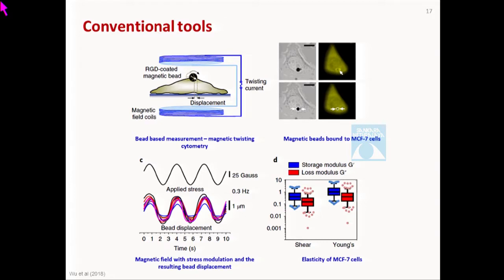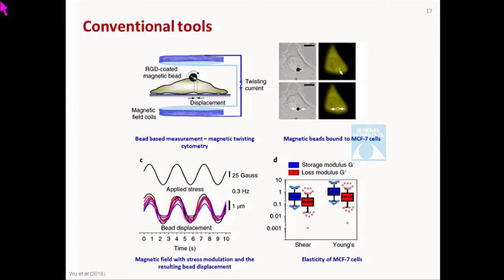Here is another technique called the magnetic bead technique. Here you have the cells coated with a bead, and you subject this to a magnetic field. By applying a varying magnetic field, you can subject the cells to alternating stress, because you can switch it on and off, so that the bead moves back and forth.